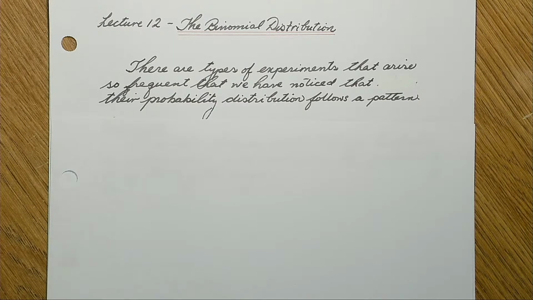Certain experiments we see again so often that we come up with a probability distribution formula for them. Now again, when we have models, they have assumptions built into them, and in order to use those models, we have to make sure that those assumptions are satisfied. If they're not, then the model is not correctly applied to the situation and can lead to incorrect conclusions.